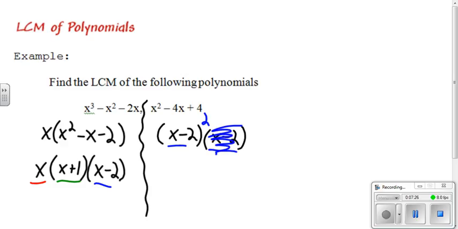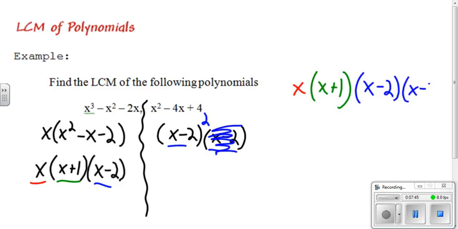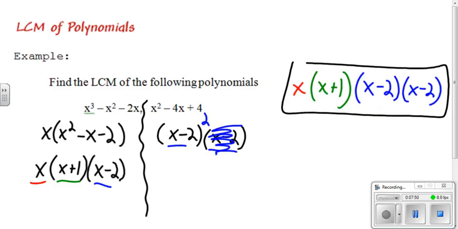So we would write the LCM as x times x plus 1 times x minus 2 squared. Or if you really wanted to, you could write that whole piece out and say x minus 2 times x minus 2. Either way, this is our least common multiple. This is the whole piece here.